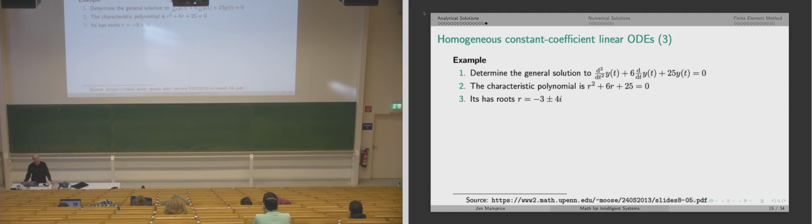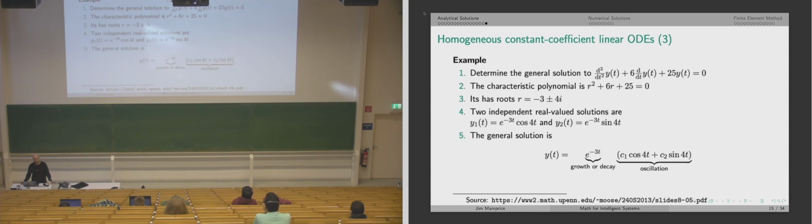We get that the roots are complex numbers: minus 3 plus or minus 4 times the imaginary number. This gets us to two independent real valued solutions, one that is a function of cosine and the other a function of the sine.